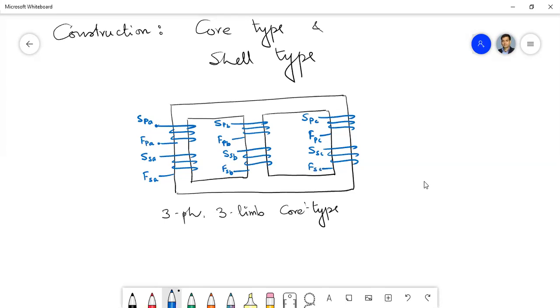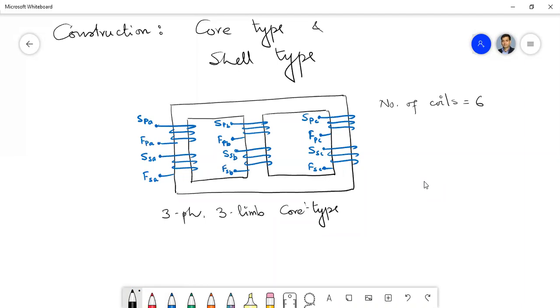So this is how we have six coils. Two coils are wound on each limb. There are three limbs, so therefore we have 3 into 2 is 6 coils. Now, if we have 6 coils, how many terminals do we have? Number of coils into two, 12 terminals.